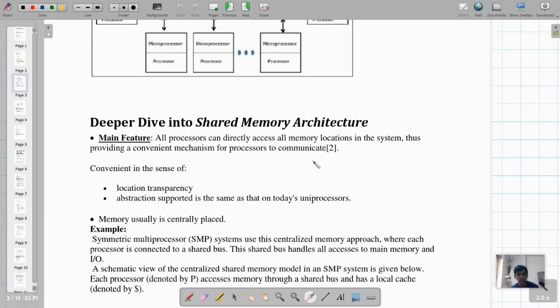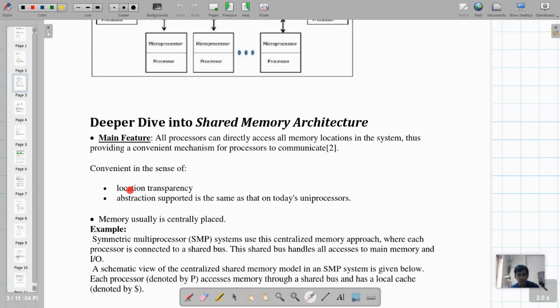So all the processors can access the memory units in the system directly, although all the processors are connected via an interconnection network. So there is obviously a convenient mechanism available for the processors to communicate with one another.